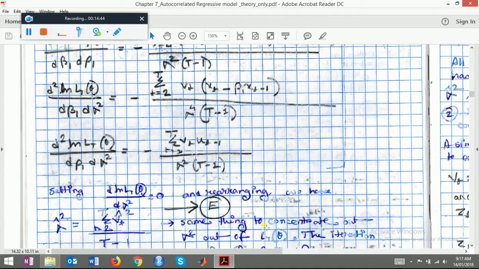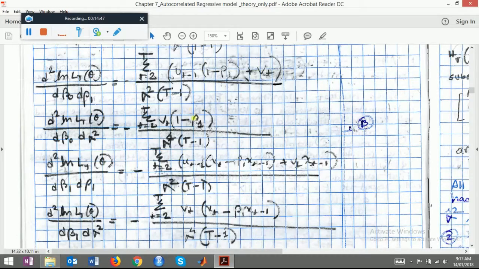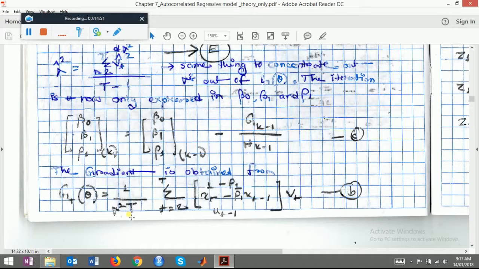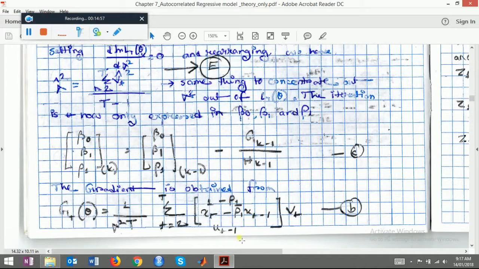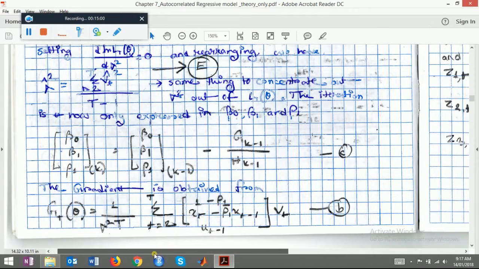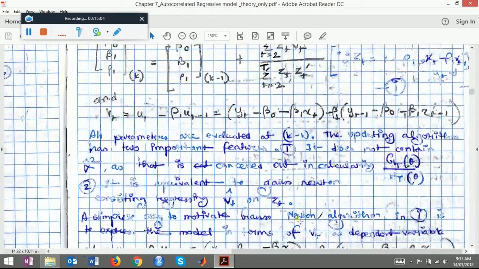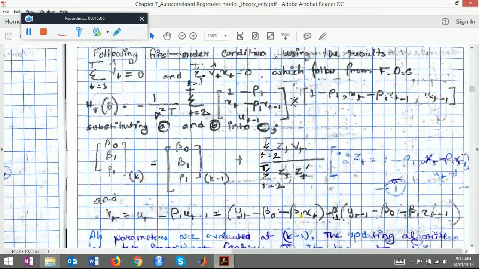The main elements, right? Just the main elements are what we are left with. And the mean of this is multiplied by 1 by sigma square, 1 by sigma square residual, which is u square divided by t. Now you see, it's very simple.